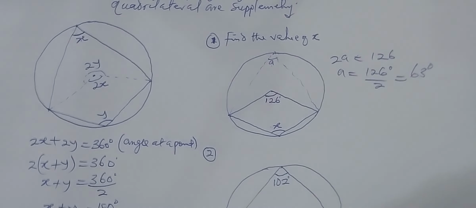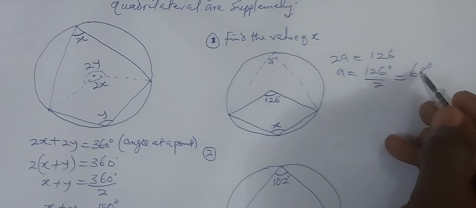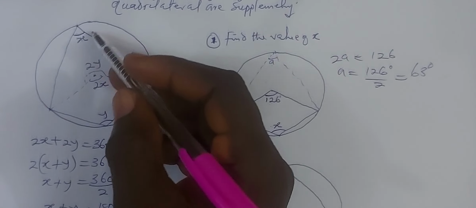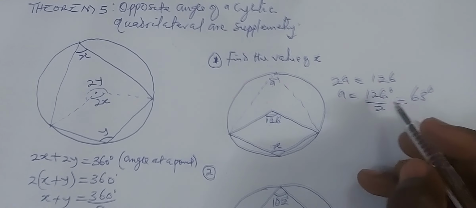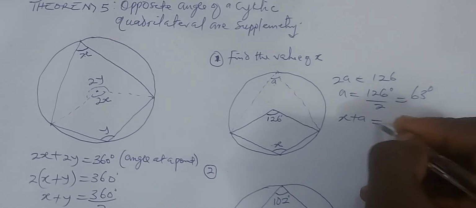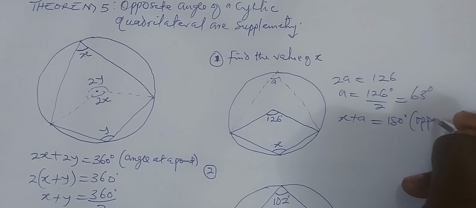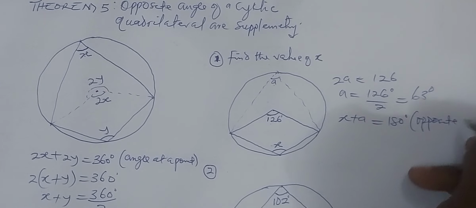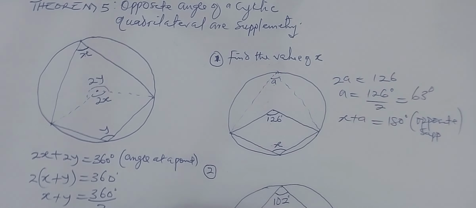But that is not what we are looking for. We are looking for the value of x. From here, we can now apply that opposite angles of a cyclic quadrilateral are supplementary. We now have x plus a to be 180. Supplementary.